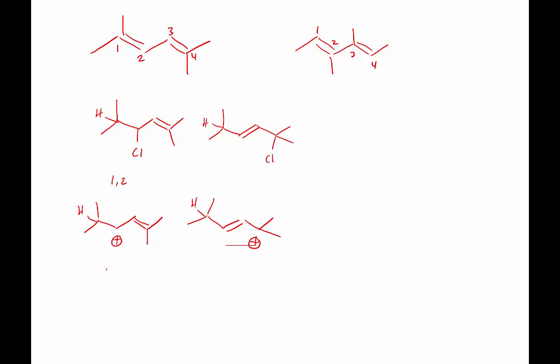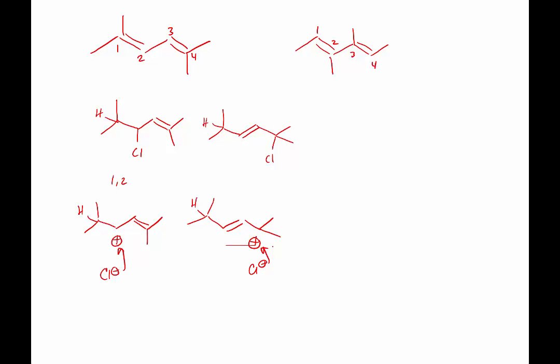How did we get there? By taking the chlorine and adding to the carbocation. So if all I have is the product, what can I do? I erase the chlorine and put a plus charge there, and I've got my intermediate. Does that make sense to everybody?